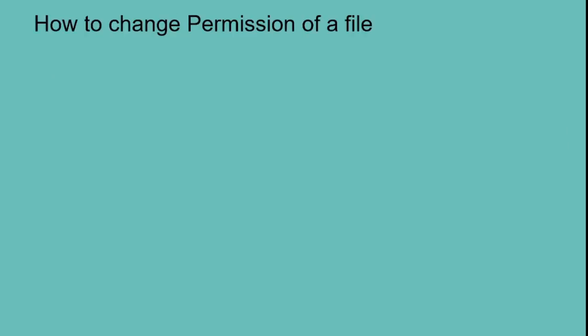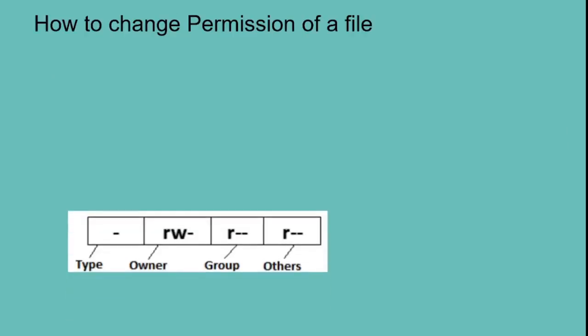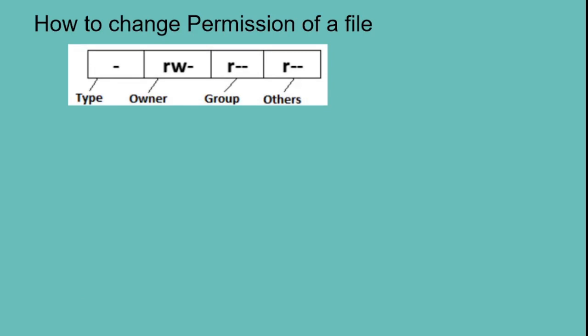How to change the permission of a file? I have used the previous image which shows all 10 bits. Unix has given decimal codes to all access modes. 4 is given to r, 2 is given to w, and x is given 1.